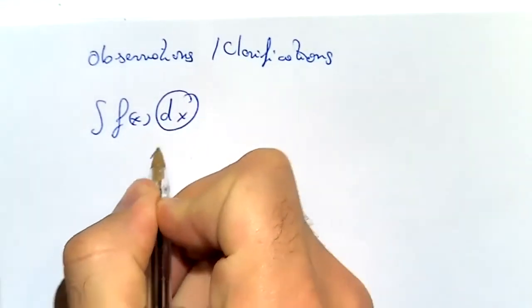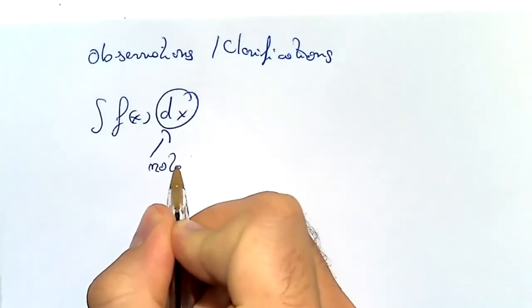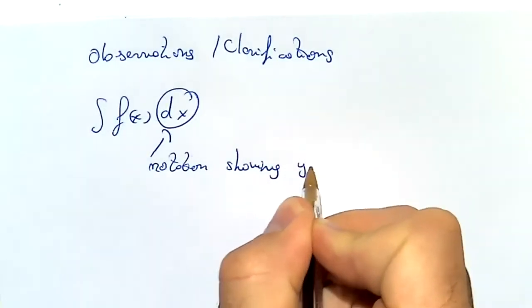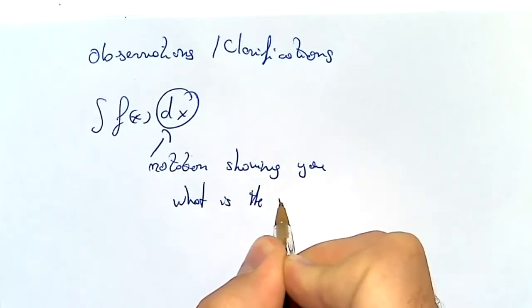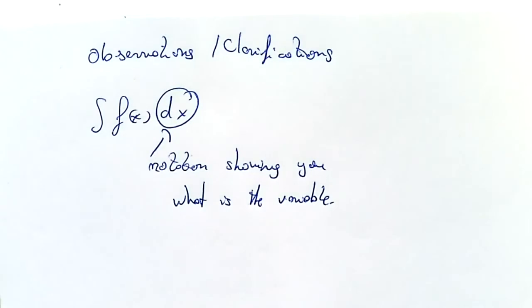This thing is just a notation showing you what the variable is. For now, you don't play with it, you don't raise it to a power, you don't multiply it by anything, it's just there as a notation. First observation.